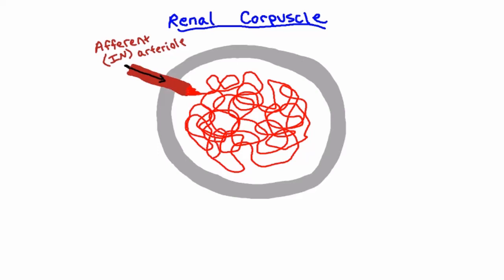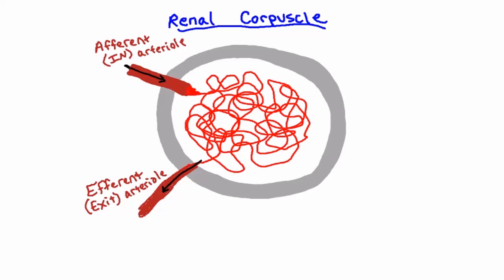And then the blood supply has to go out somewhere, so it exits through the efferent arteriole. So efferent, exit, efferent exits, arteriole. So the blood supply comes out this way.